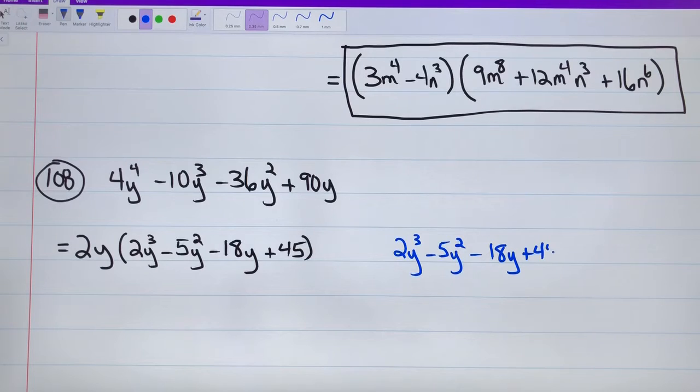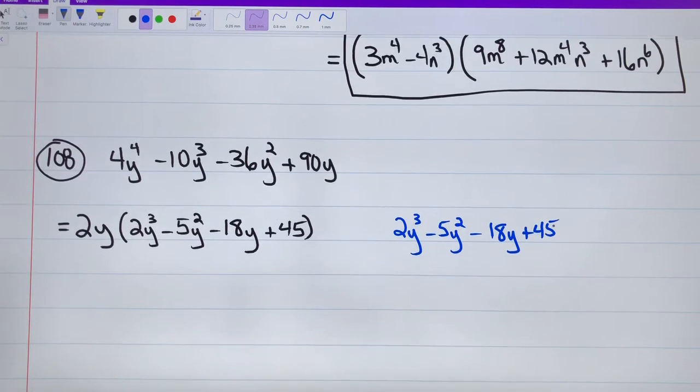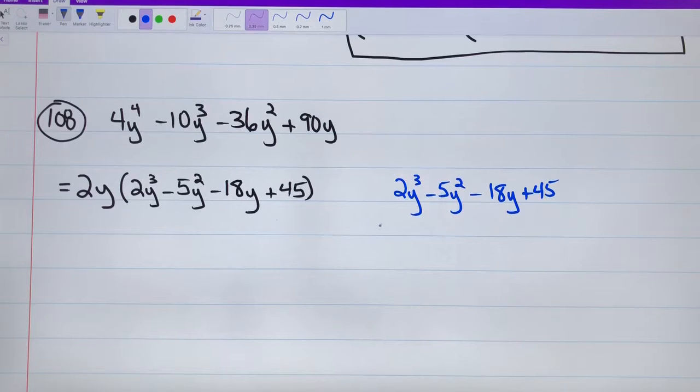So we've got 4 terms, and if I group together the first 2 terms, I have the quantity of 2y cubed minus 5y squared. And notice for the operation in the middle, we have subtraction, so I have subtracting the quantity: negative 18y is going to be the opposite sign of 18y, and 45 the opposite sign of negative 45. Then drawing out the greatest common factors.